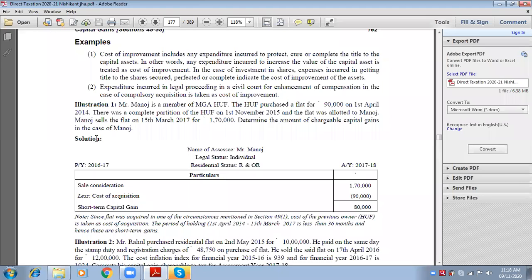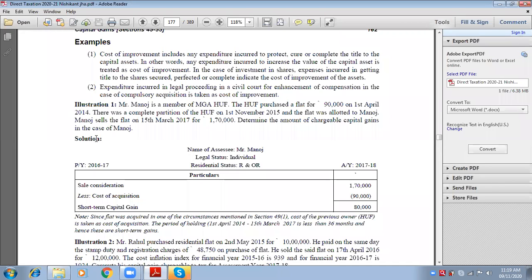Now here Manoj is selling the property, so Manoj is earning the income from the property. Because he is earning the income, he will be liable to pay the tax on that particular income. Therefore he is the assessee now. HUF is not the assessee. Mr. Manoj is the assessee, and now he is an individual. He is not a member of HUF. The HUF underwent partition on 1st November 2015.